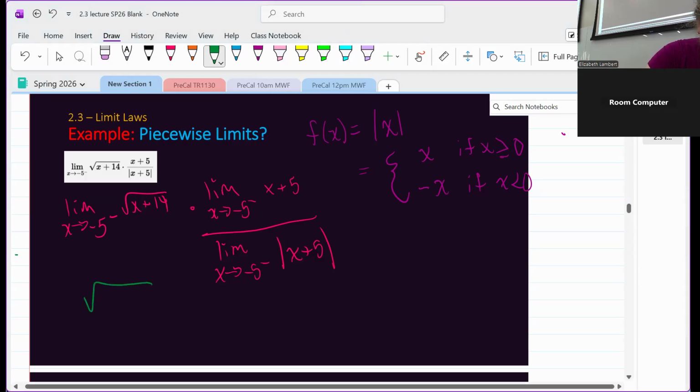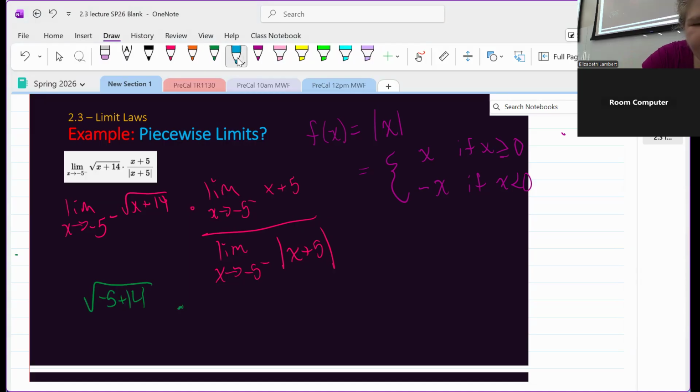Right, so this part will just be -5 plus 14 inside the square root times. We're going to leave the top limit alone as well. So I'm actually going to backtrack this so it's the limit of both pieces again.